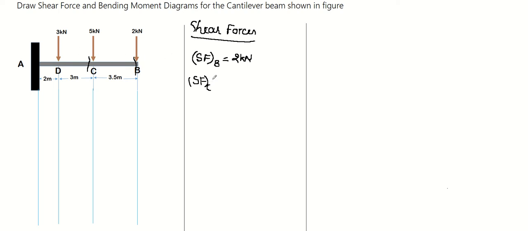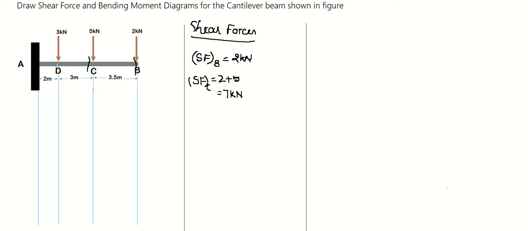Shear force at C is 2 kilonewton plus 5 kilonewton, both acting downward towards gravitational force, so positive. That is only a trick to remember the sign convention. Otherwise you can simply remember right upward negative; automatically right downward will be positive.